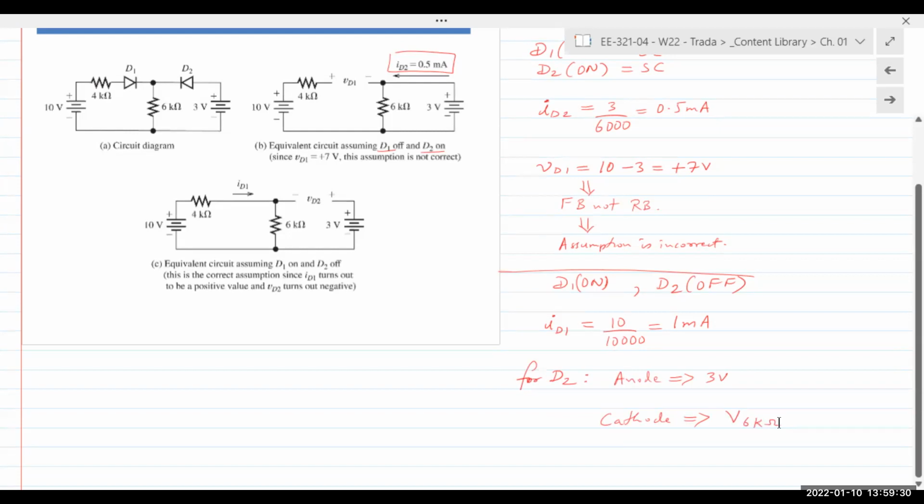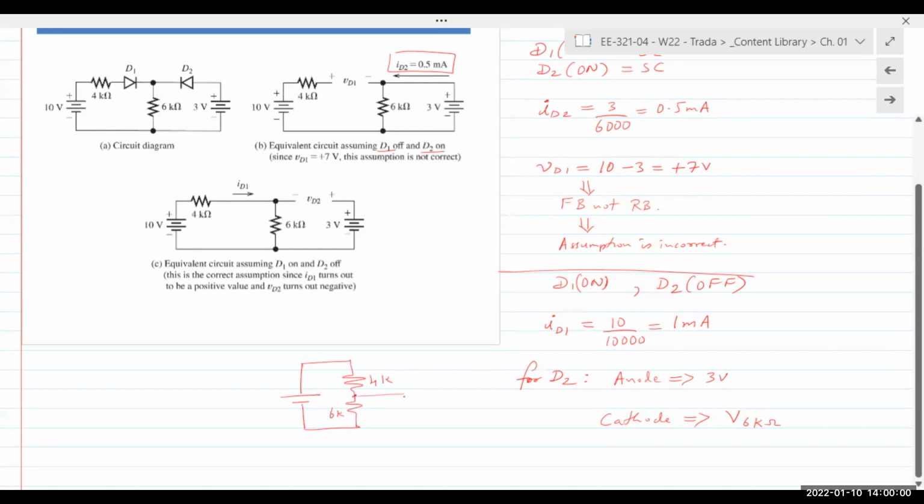The cathode voltage is the same as the 6 kilo ohm resistor. Does everyone see that? Right, cathode is the same as the 6 kilo ohm resistor. So if you take a look at the left side, we have a 4 kilo ohm resistor and a 6 kilo ohm resistor.